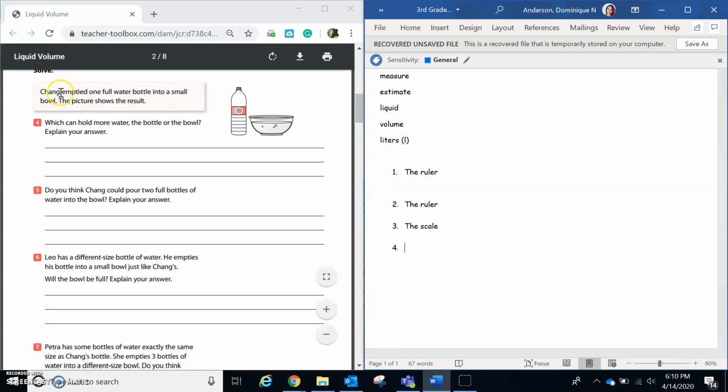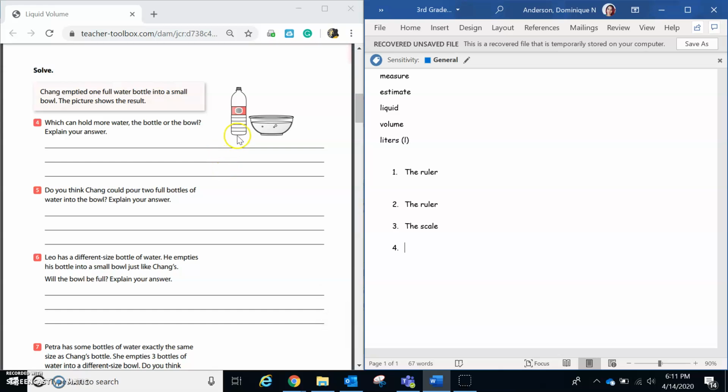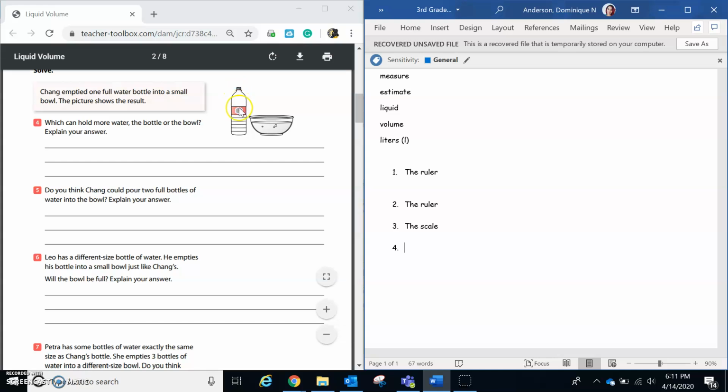Number 4, let's see. It says Chang emptied 1 full water bottle into a small bowl. The picture shows the result. So he poured all the water that was in here into the bowl. Which can hold more water, the bottle or the bowl? Explain your answer. All right, so if I look here, he emptied the whole bottle, but did the water go all the way to the top?